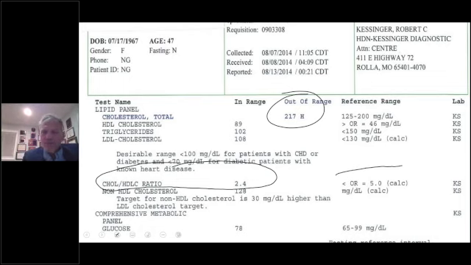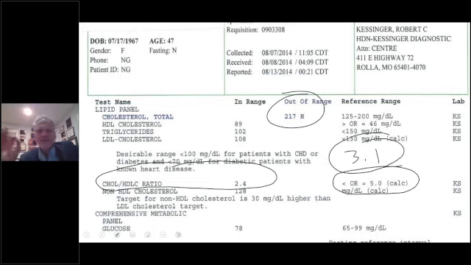We definitely want this under 5 because over 5, it is a cardiovascular risk. Now, there's a lot more things in play when it comes to cardiovascular risk, and this is not even the most important one, but when we're looking at the lipid panel, this is what we look at, okay? But the perfect number here is going to be 3.1. So the perfect cholesterol to HDL ratio is 3.1.